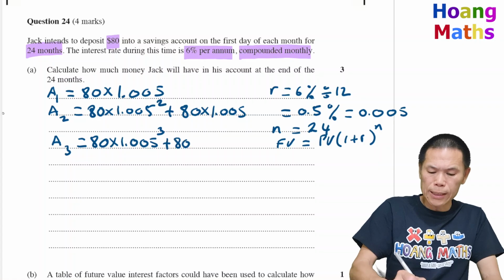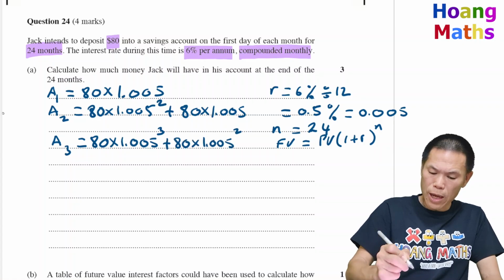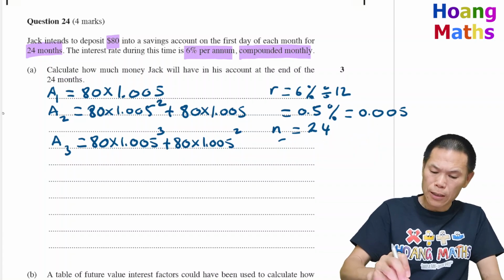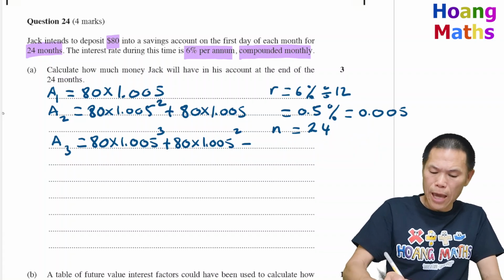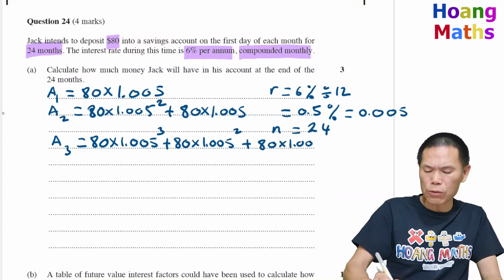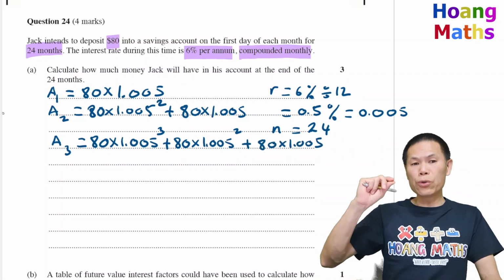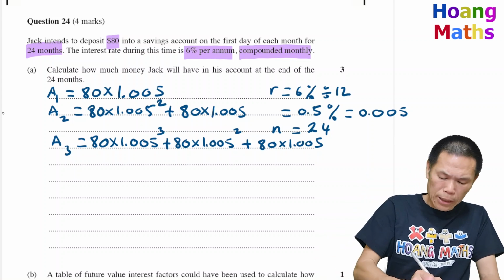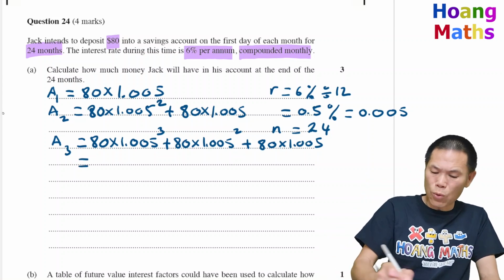We add IT times 1.005 squared, and we add, let me just clear this first, IT times 1.005. And then we need to do that for 24 months. So that means A3, let me just rewrite in a different order.